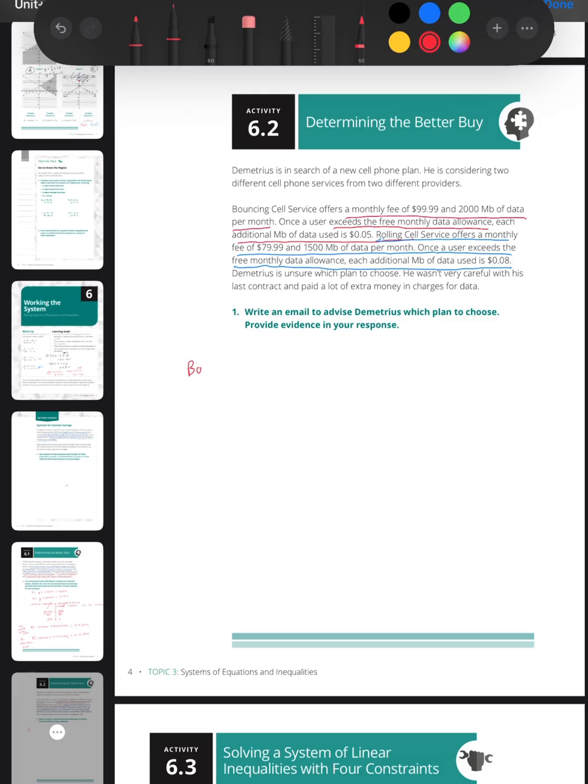So the first one, this one was for bouncing cell. That equation, we have a starting point of $99.99 plus they're charging 5 cents times every megabyte of data you go over 2,000. So we could say that total megabytes of data minus 2,000.